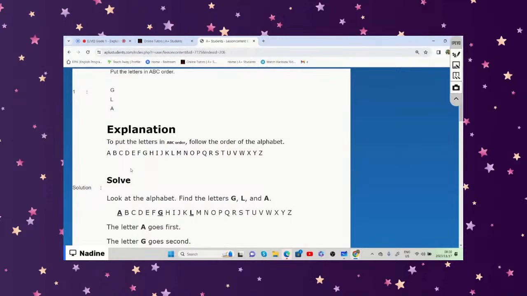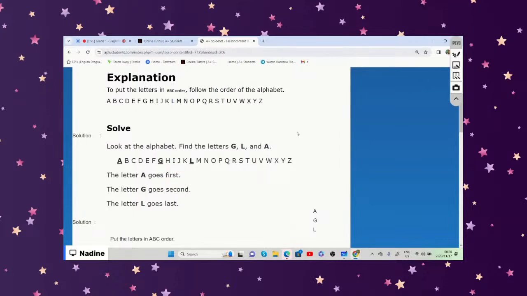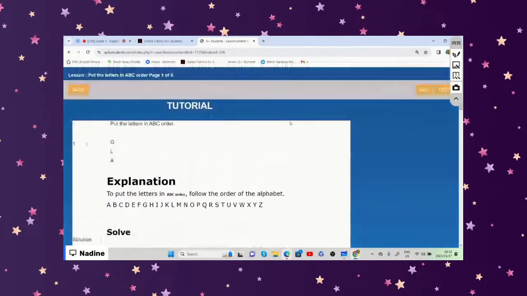We followed the order of the alphabet, starting at A all the way to Z. And then we are also going to put it in the order of appearance.